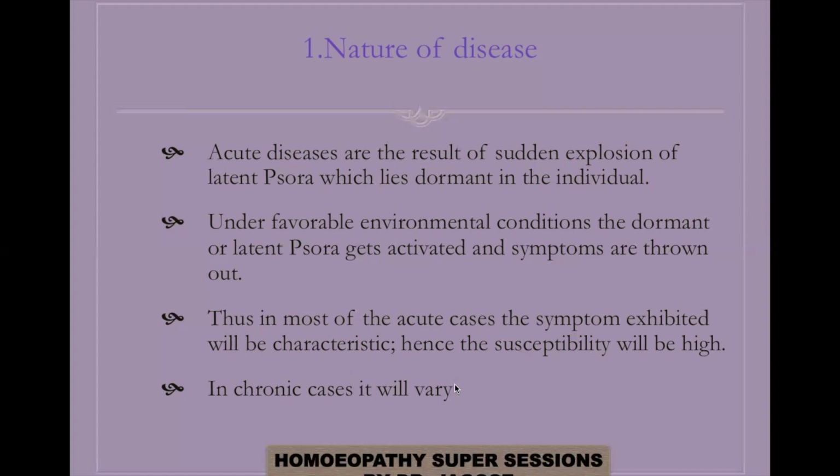But to cut it short, in a chronic case, if no suppression has taken place, or if the susceptibility is not being tampered with or suppressed, then naturally the expressions which the patient gives through the signs and symptoms will be generally characteristic in nature. So if in a chronic case the symptoms are characteristic, susceptibility is high, and if in a chronic case the symptoms are common, the susceptibility is low.